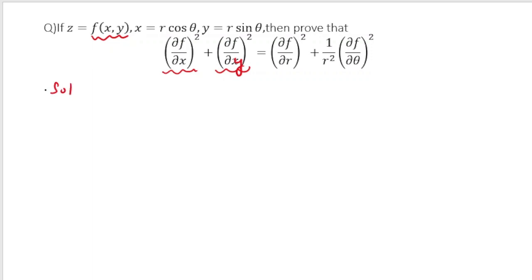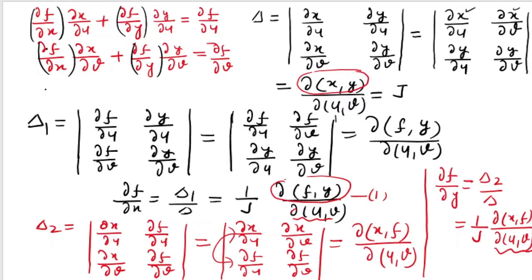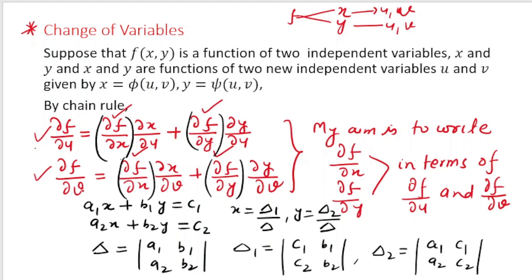We just have seen how to write ∂f/∂x in terms of ∂f/∂r and ∂f/∂θ. Let me show you the main result which I just discussed so that you get the context. Here f was dependent on x and y, and x was dependent on u and v, and y was dependent on u and v.